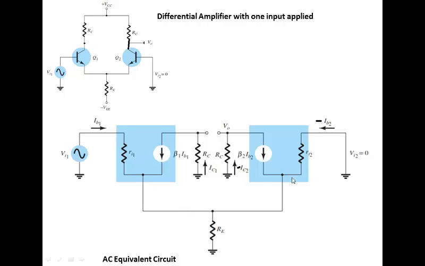Similarly for the other transistor, this would be the base current, and it would be negative. I will explain to you why it is negative. And this is the collector current that would flow here from right to left. It would also be negative. So this arrow would be upward actually, and this is the emitter current.